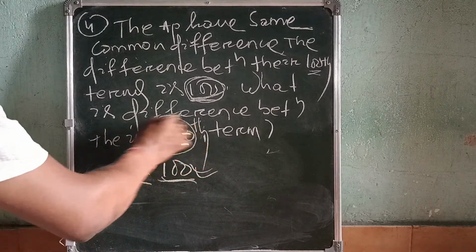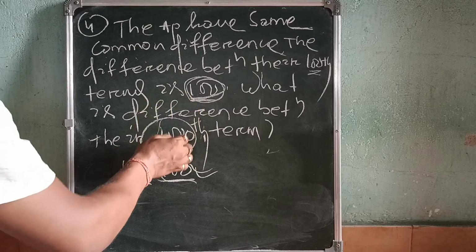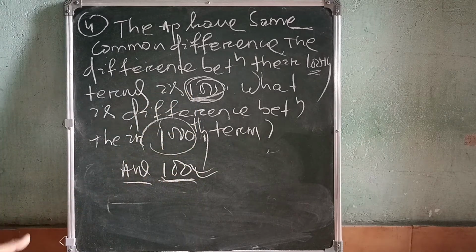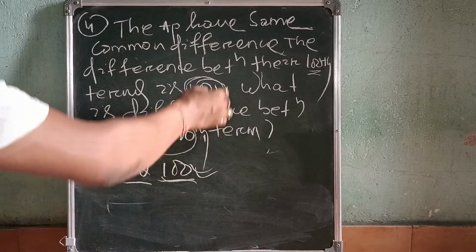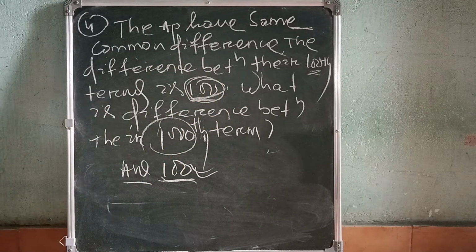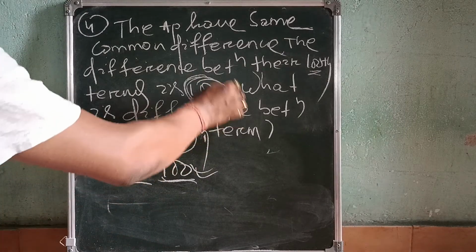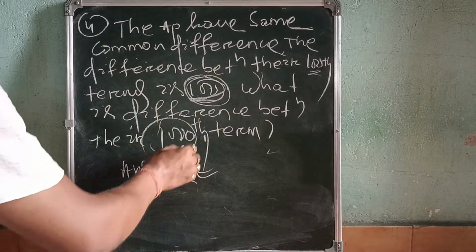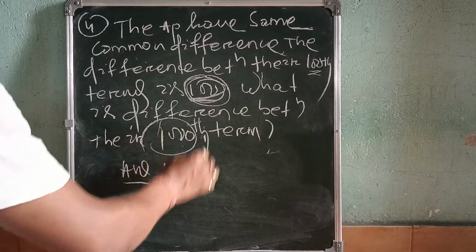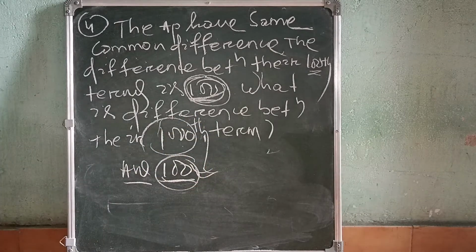It may be a question of the 1000th term, 50th term, 70th term, 3 lakh term, whatever, but the answer is 100 because their common difference is the same. Both have equal common difference, and whatever the difference is here, that is your answer. It may be the 50th term or 80th term, but the answer is always 100, right? So this is another trick also.